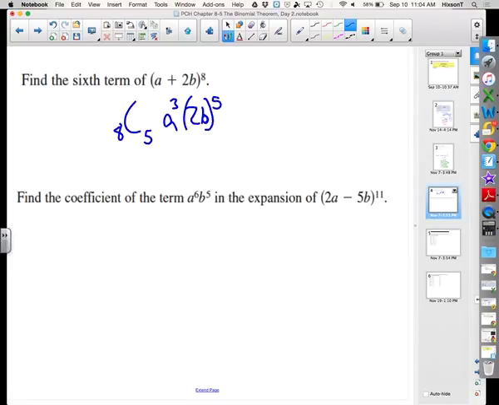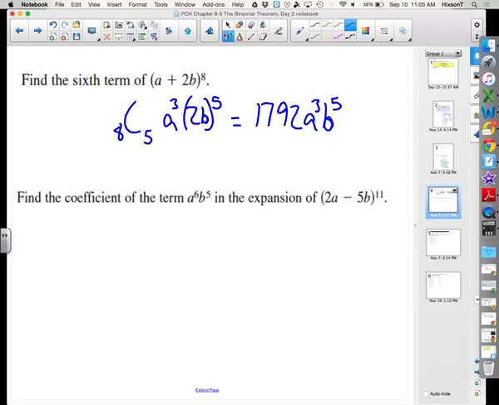What does that equal? 1792, a to the third, b to the fifth. Did others get the same thing? I got 896. What was 8 choose 5? 8 choose 5 is 8 times 7 times 6 over 6, so 8 times 7 would be 56.